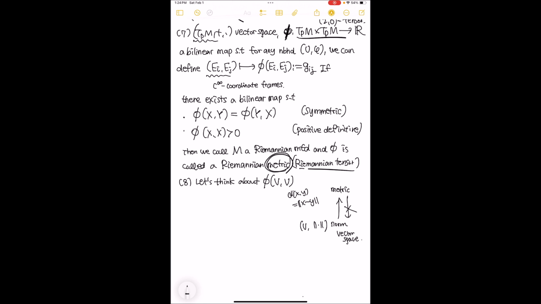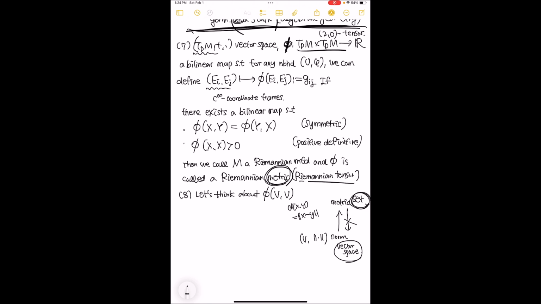However, not vice versa, because that is just a set. A set need not be a vector space. But in this case, these are vector spaces.